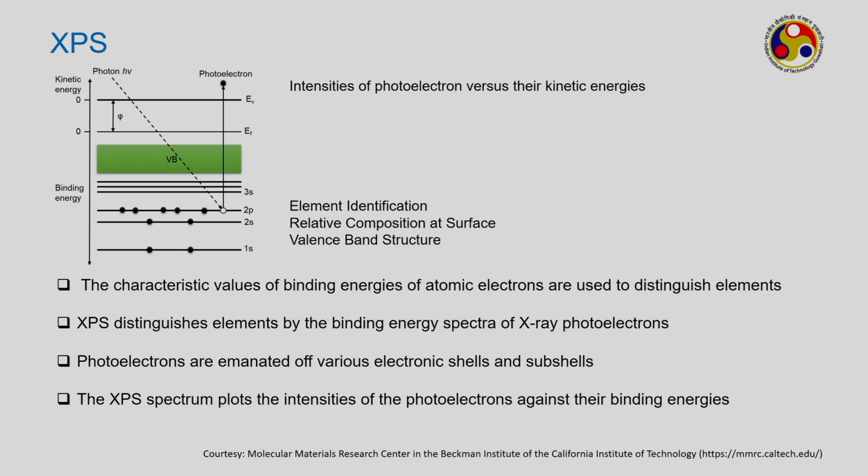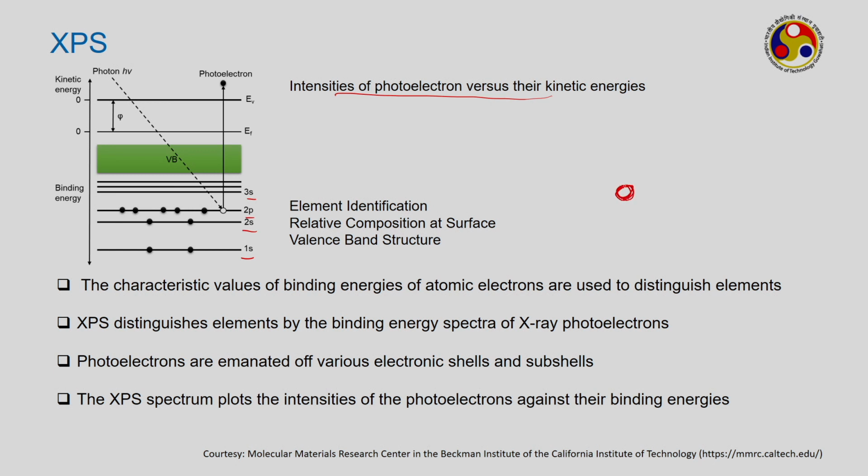Now, in terms of binding energy, these are the intensities of the photoelectrons versus their kinetic energy. All these are orbitals: 1s, 2s, 2p, 3s, and so on. Binding energy will be the highest for those electrons which are closest to the nucleus, as you must be knowing.